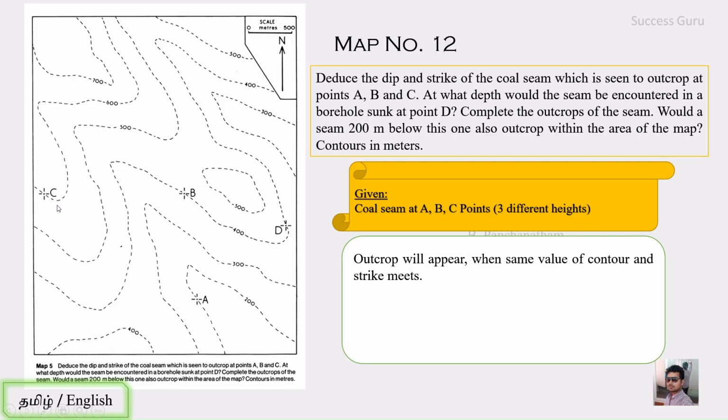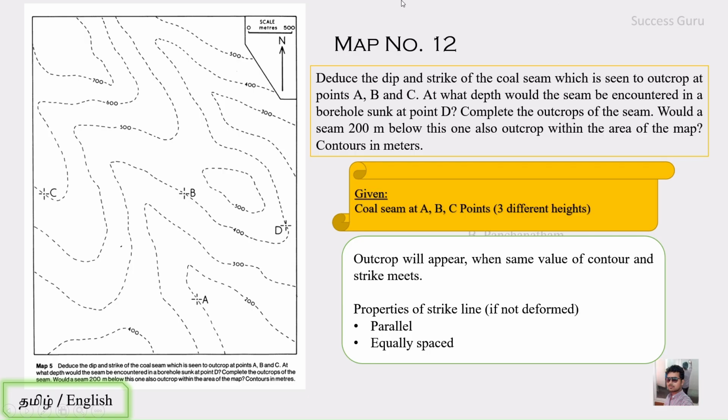So this simply means there is a contour and there is an outcrop here. So there will be a strike here. The same way there are two more points here which are outcrops present over a contour. According to this rule, the same value of strike should be passing here also. From this, we know the properties of strike lines: strike lines are always parallel and equally spaced, unless the rock is deformed.